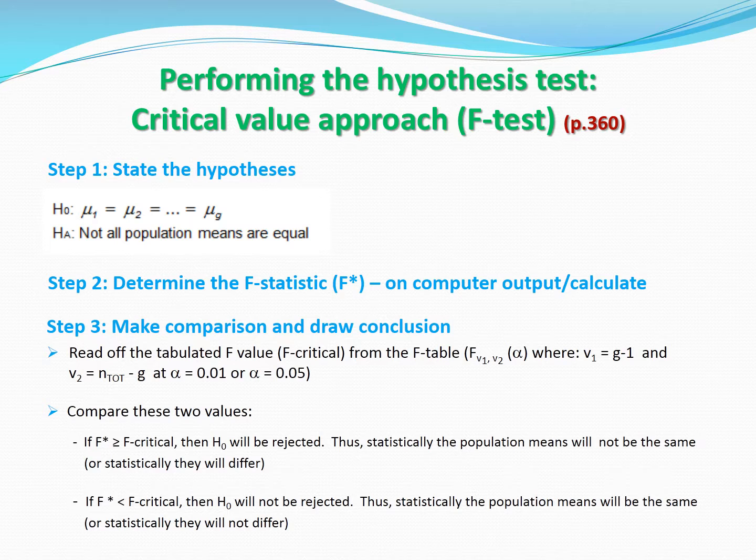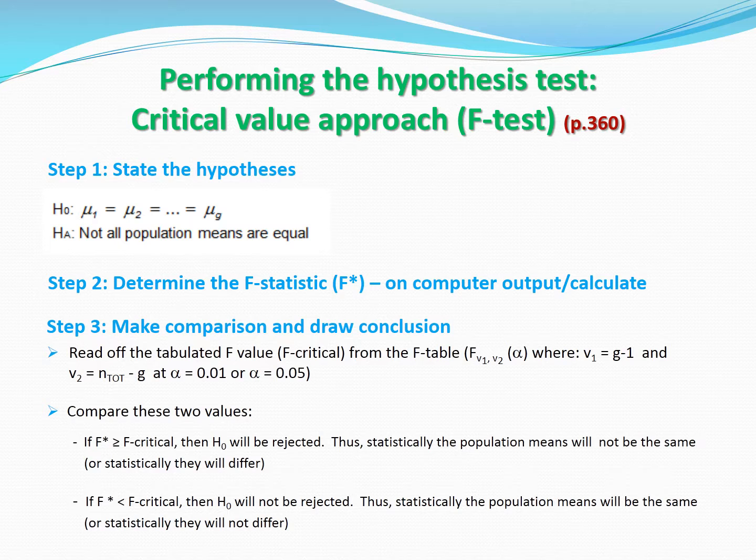In the null hypothesis, we state that all the population means are going to be the same, and in the alternative hypothesis, we state a sentence which indicates that not all the population means are equal, or at least one of the population means will be different.